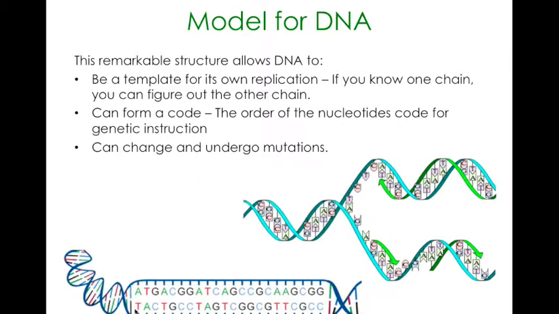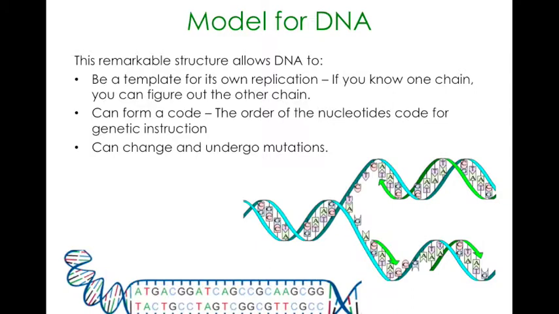The base pairing can also form a code, by looking at the order in which the bases are arranged. It then acts as a code for the production of proteins. TAC would code for a particular component of a protein, TGC another component, and so on. So you can figure out exactly how these instructions were given and how they were interpreted by cells in order to produce the proteins that they produce.